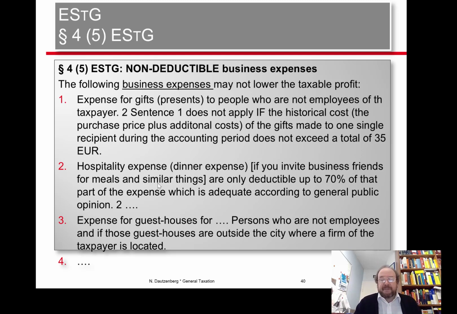Expense for guest houses for business partners, for persons who are not employees, and if those guest houses are outside the city where the firm of the taxpayer is located. Sometimes people had the need, if business visitors came and there wasn't a good hotel, then they had a small hotel of their own for business guests, which charged nothing. That was entirely for business.